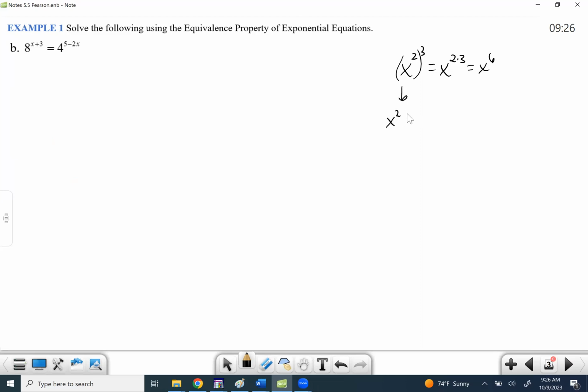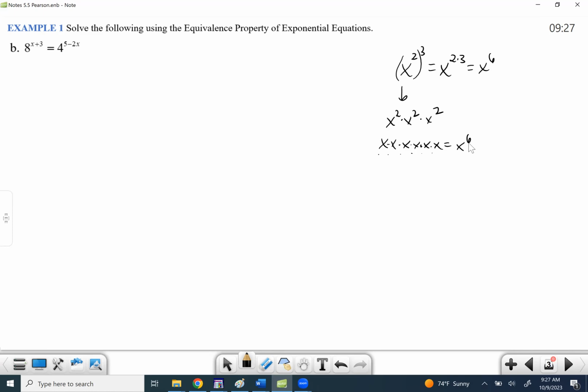This is really x squared 3 times because it's cubed. So there's 2 x's for every x squared. If you count up the x's, 1, 2, 3, 4, 5, 6, there are 6 of these. So an exponent on an exponent becomes multiplication.